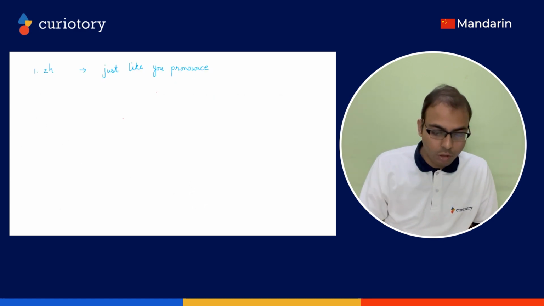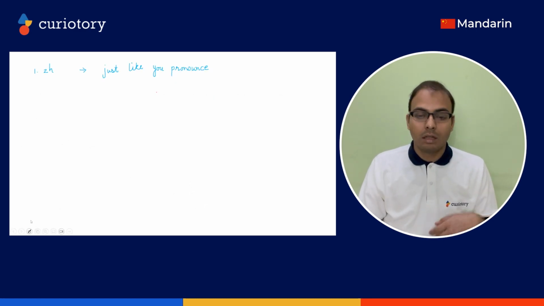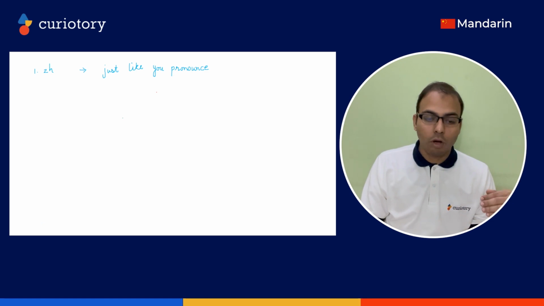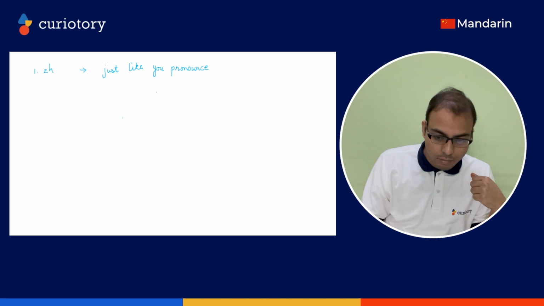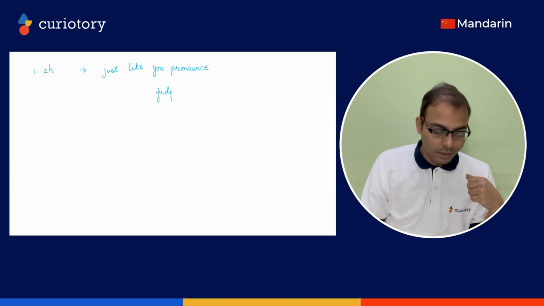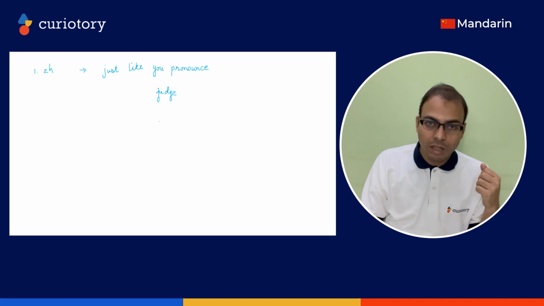Okay, so the rule is saying that you have to pronounce ZH just like you pronounce the DGE part of judge, or the GE part of George.